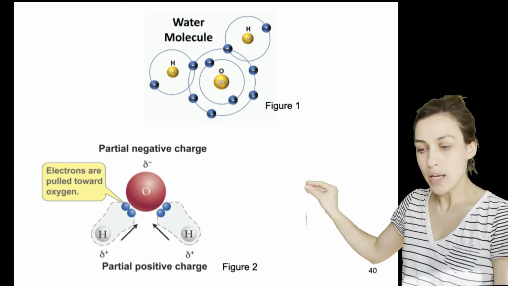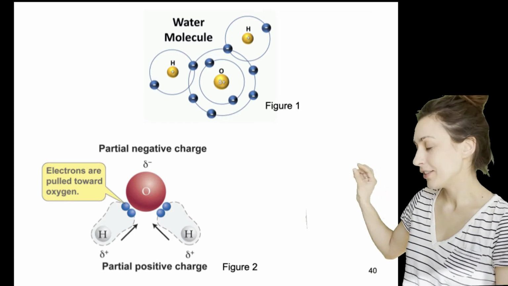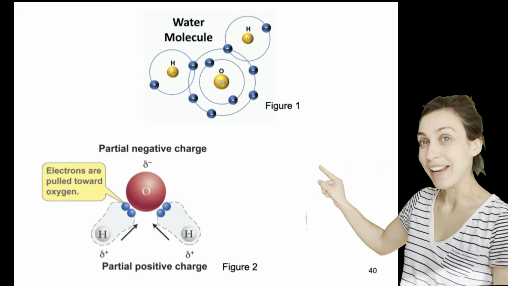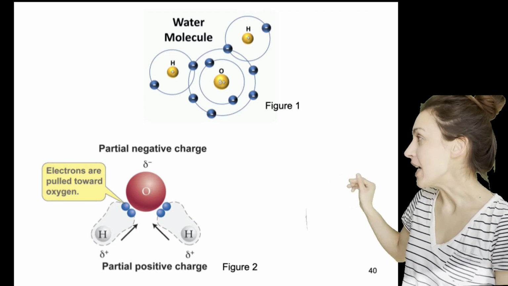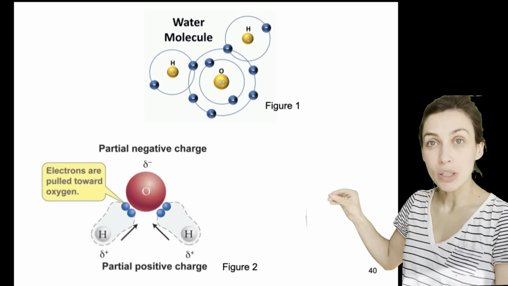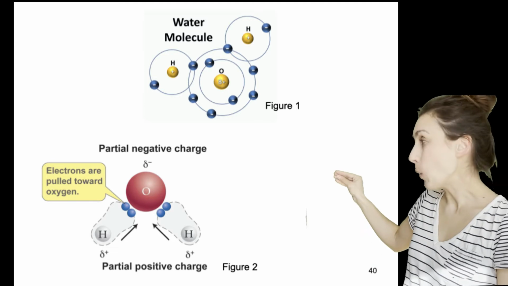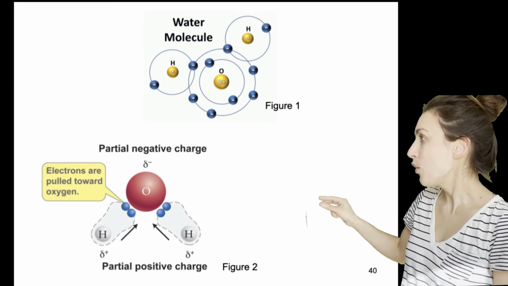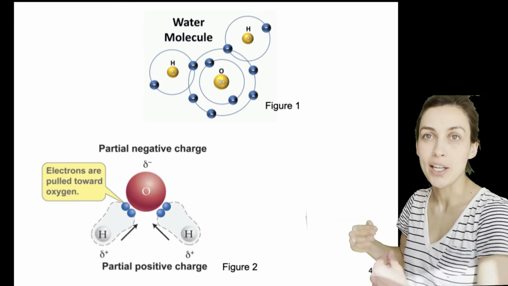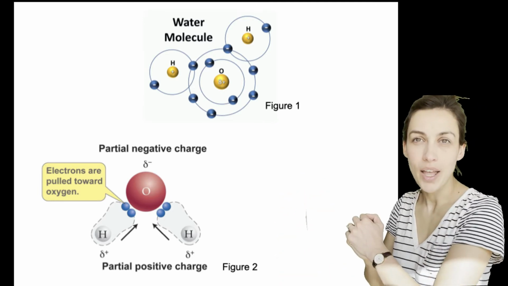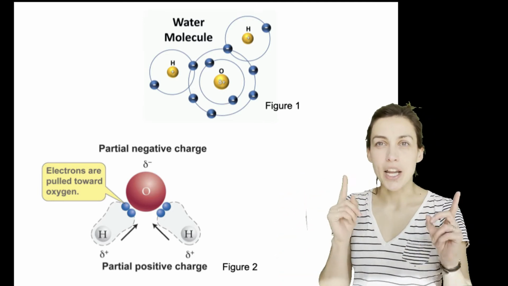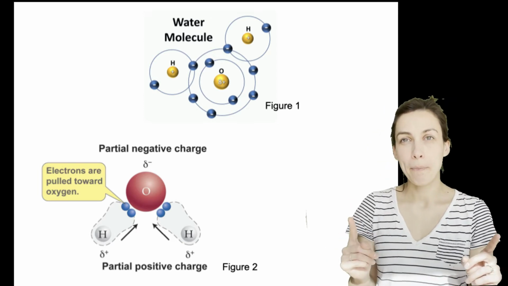Notice how the letter H, which is supposed to represent the nucleus of the hydrogen, is quite the distance away from those electrons that it was contributing to the sharing. And this creates an interesting phenomenon.